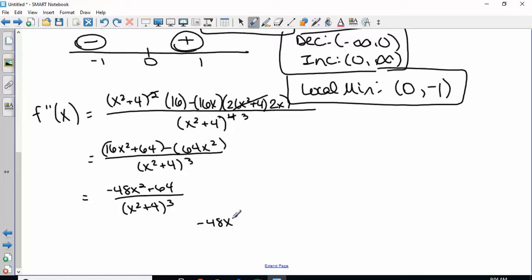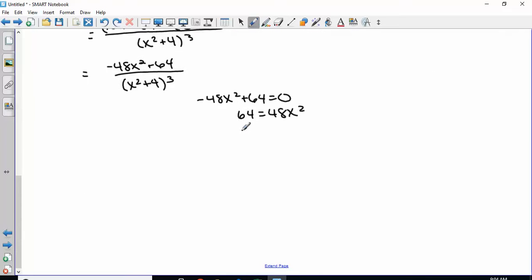If we figure out when the top is 0, so if we divide by the 48, the square root, plus and minus, would be 2 radical 3 over 3. So those are the inflection points.